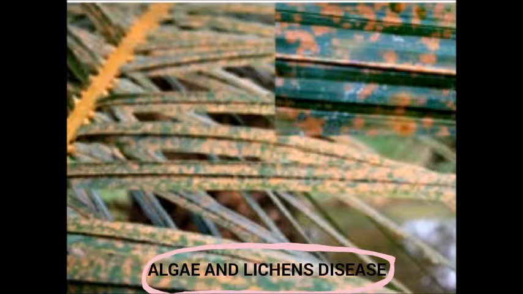Usually the size of the algae is not more than 1 to 3 millimeters, which is too small, but the presence of algae on the leaf surface is very crowded and appears as reddish brown spots. Whereas lichen is a combination of algae with a fungus forming a small grey-green incrustation, normally on the upper surface of the pinnae of older plants. They can be up to 1 centimeter in size.